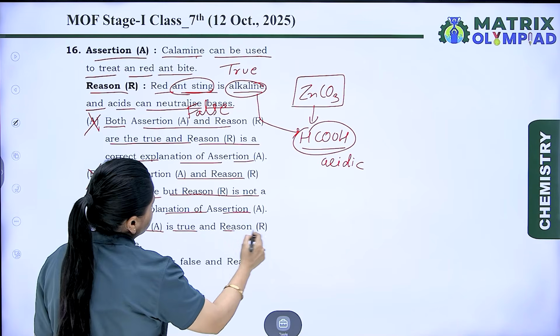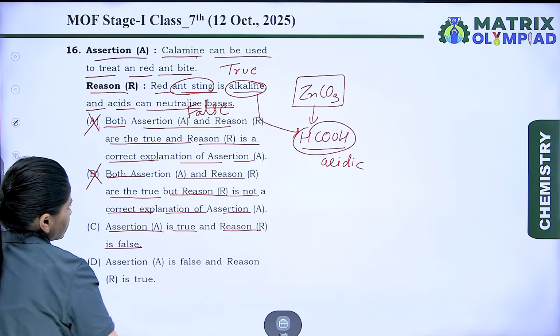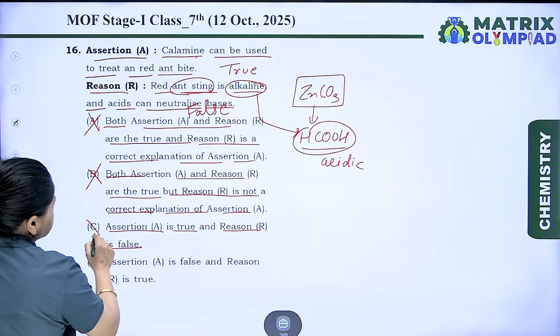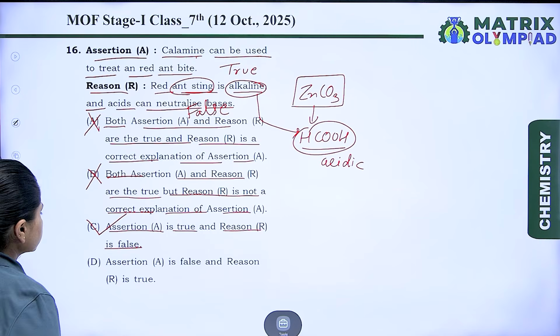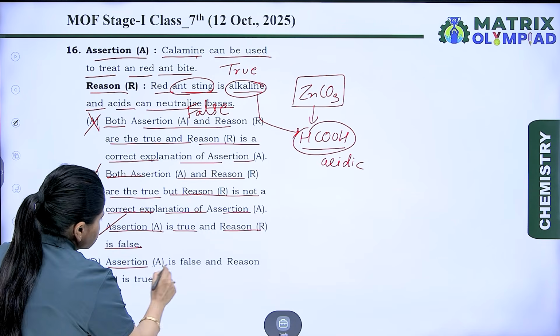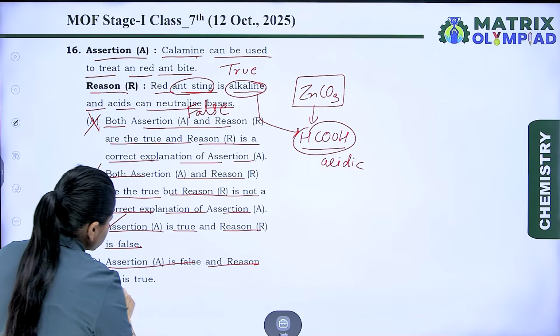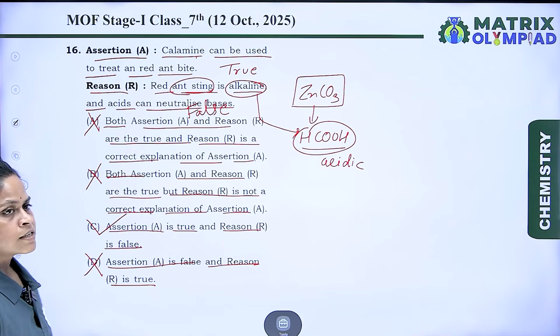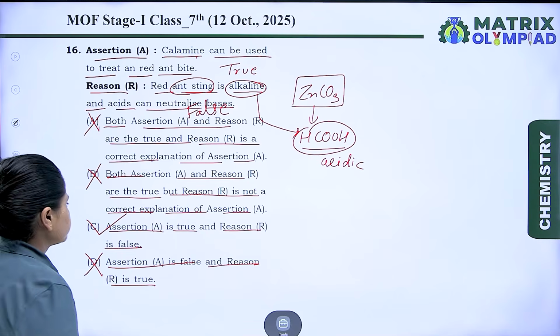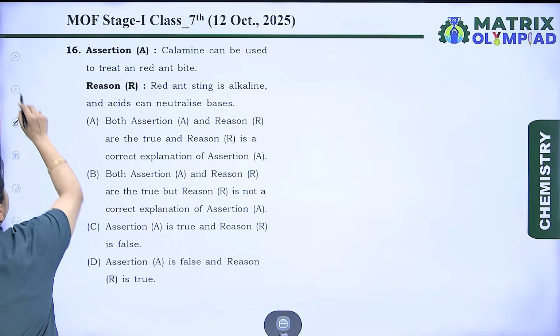Assertion A is true and reason R is false. This is the correct option for the assertion reason question. And D, assertion is false and reason is true. This is again the incorrect option. So the answer is option C. Let's take the next question.